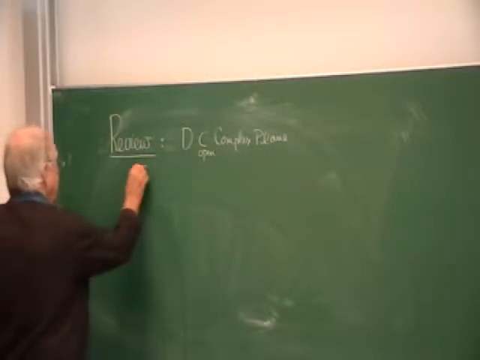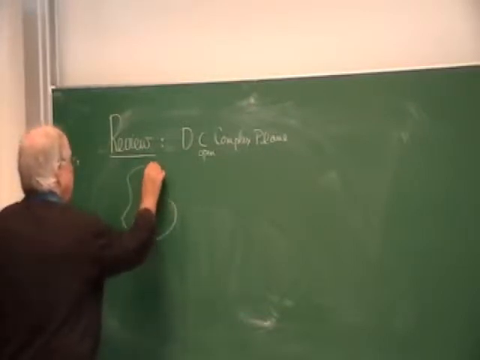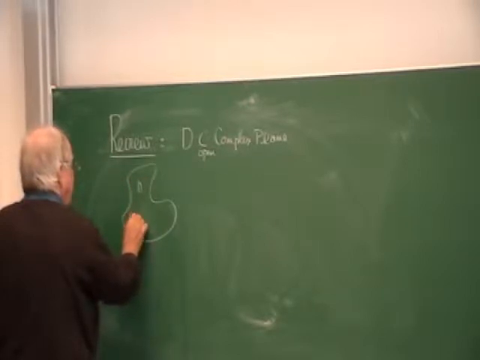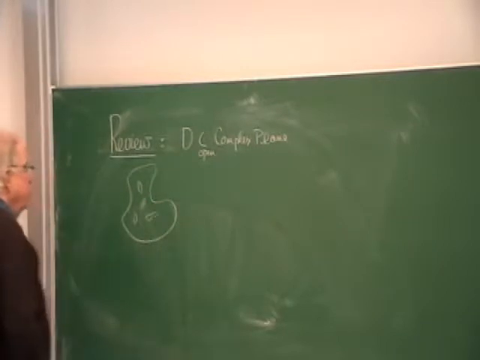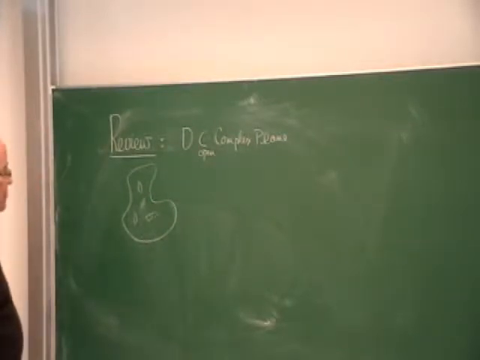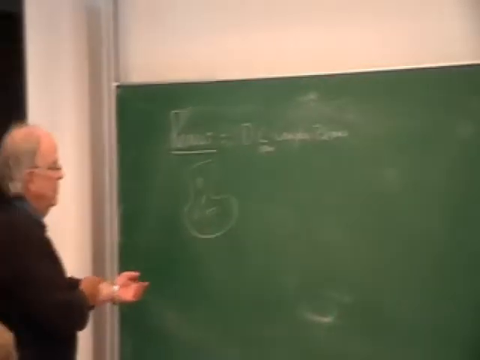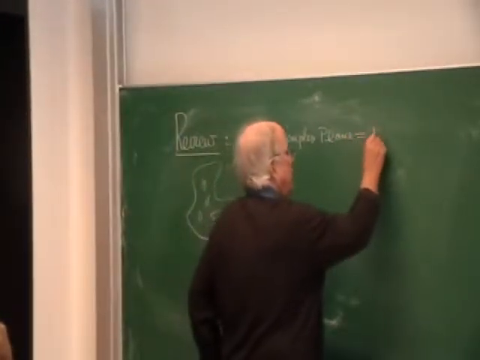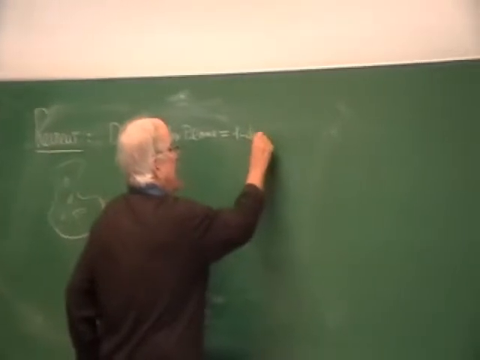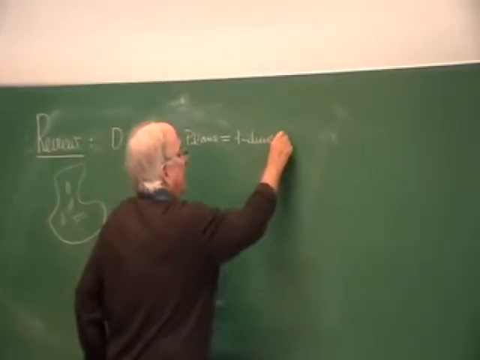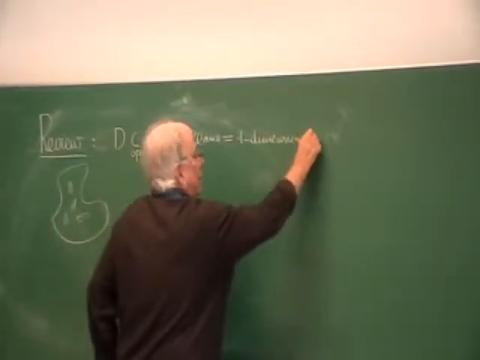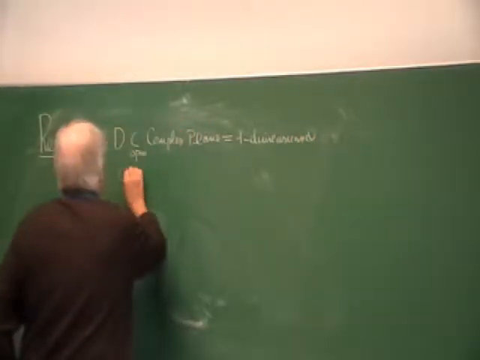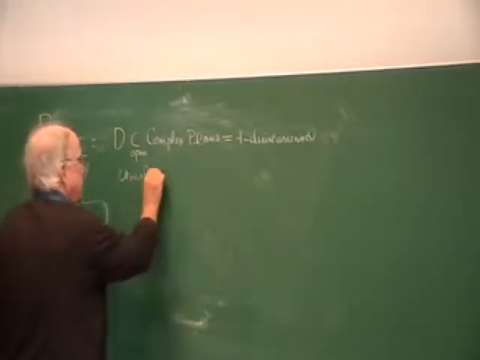So D might be somewhat mysterious, with some interesting holes in it, perhaps, having interesting topology, possibly. And the complex plane is just a one-dimensional complex vector space, so it's really a simple thing.